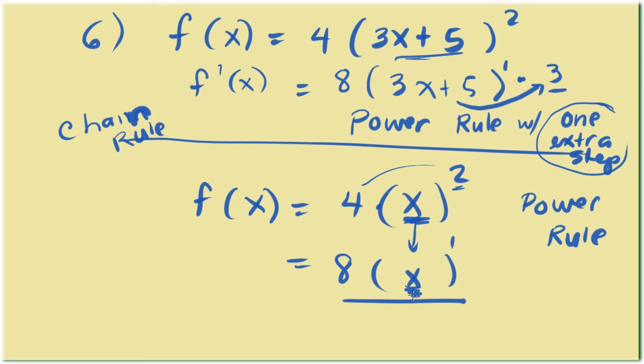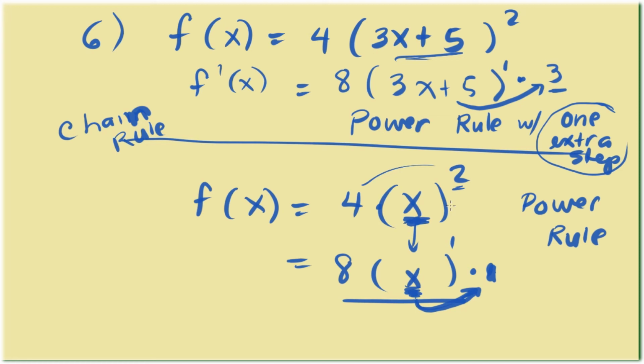Now, the generalized power rule, like for example here, 8x to the 1, you can still apply the chain rule here. But the thing is, what is the derivative of x anyway? It's just going to be 1. So we don't really bother to use the chain rule when the base is just a plain x. Okay?